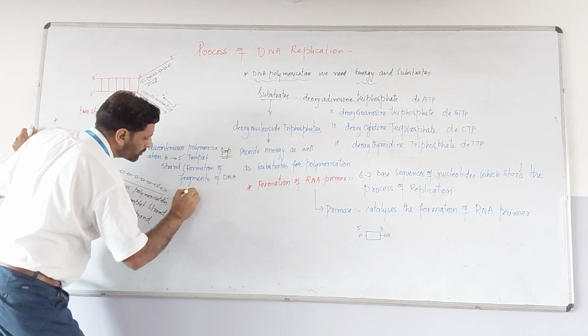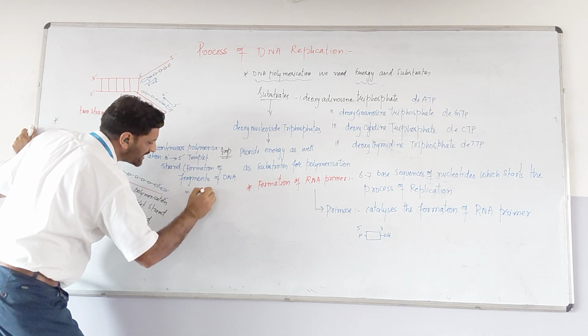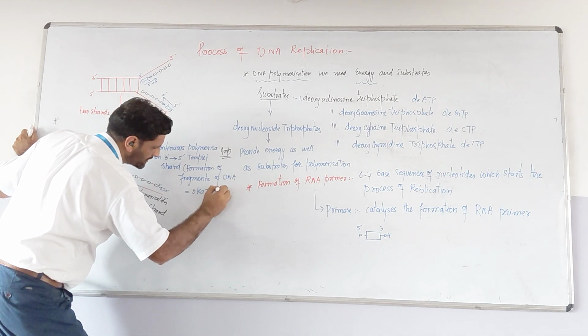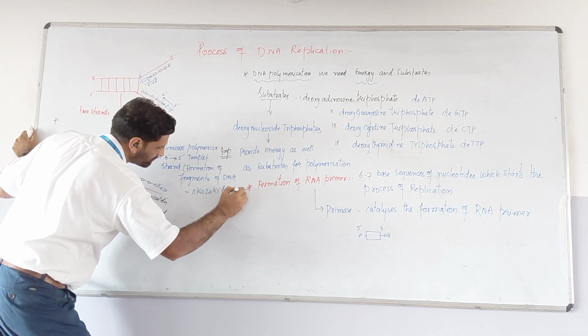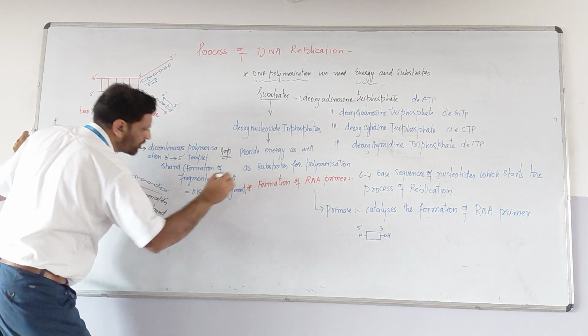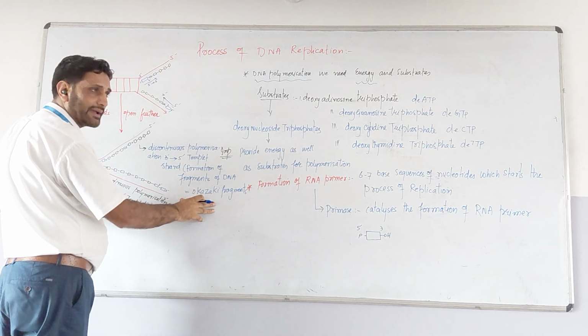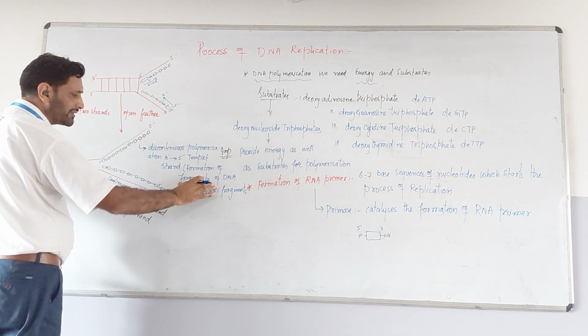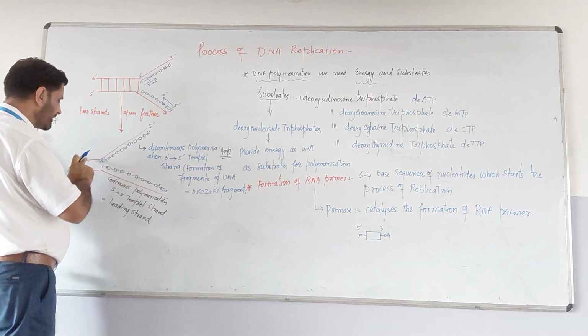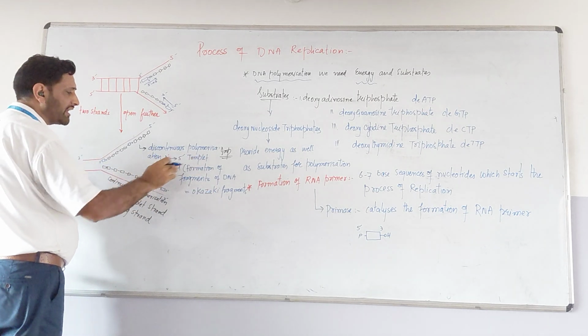These fragments are known as Okazaki fragments. These Okazaki fragments were discovered by Okazaki. They are the fragments of DNA formed on the 3' to 5' template strand.